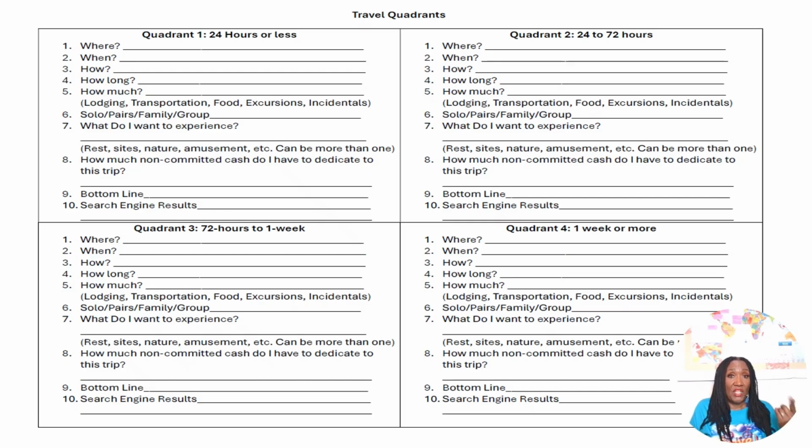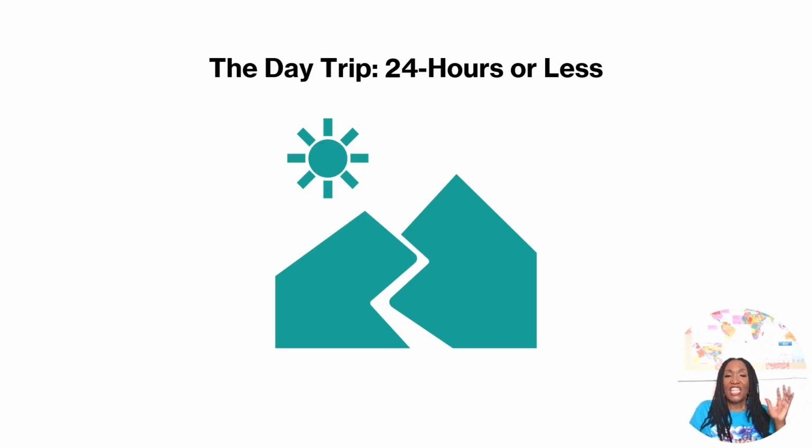That is, you may drive, you may fly, you may take the bus or a train. This information must be configured into the quadrants and then considered for your final budget. In short, the quadrants give us a bird's eye view of your trip in totality, which helps you plan down to the wire. It's fail-proof, folks.